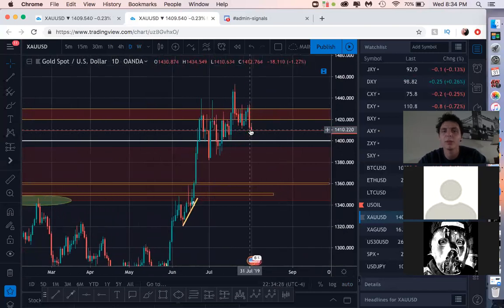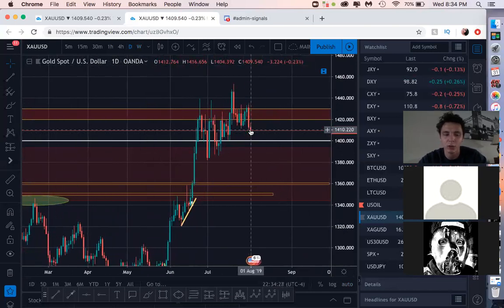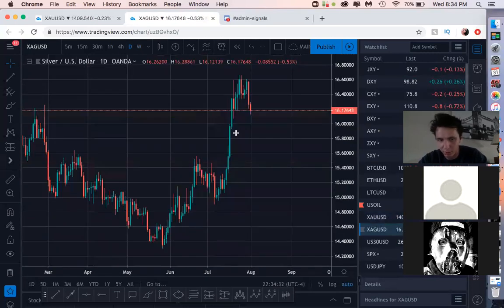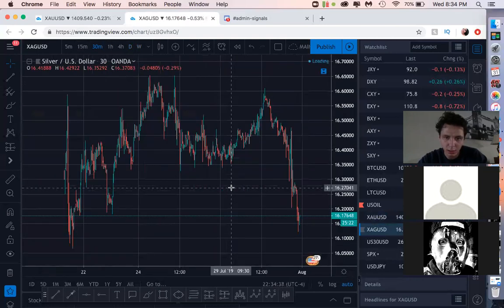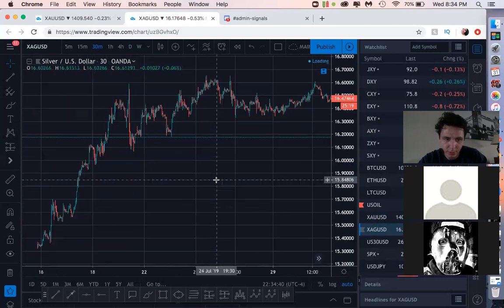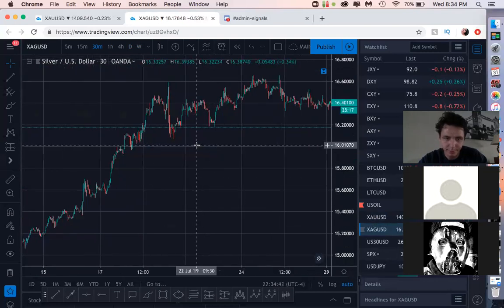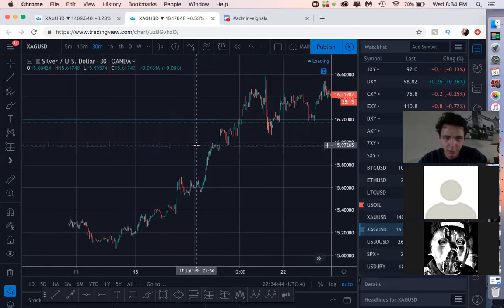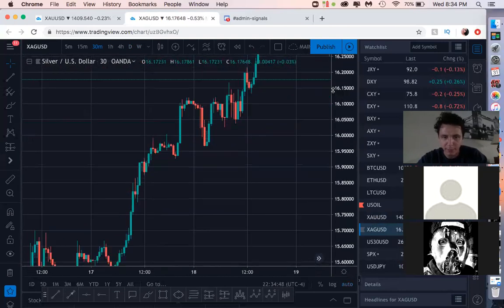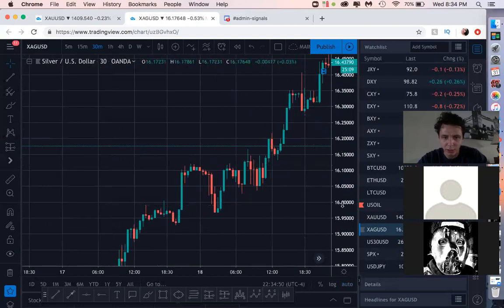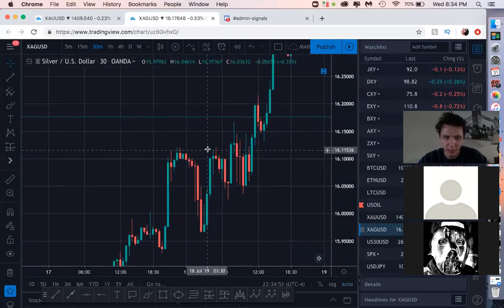And when I speak in terms of equal highs and equal lows, silver was displaying some really good examples of this. Where was it? So, right back here. What will happen is you will see the market making equal highs.